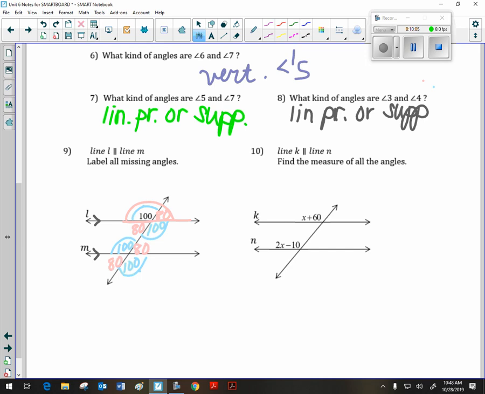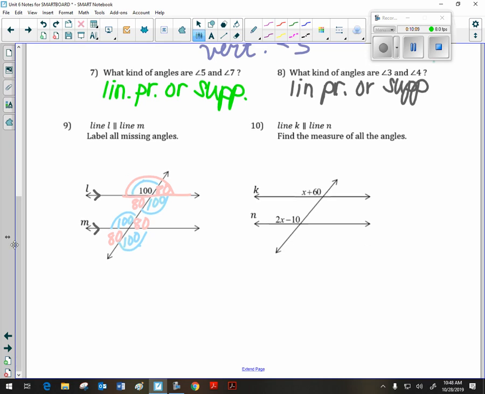So when we have two parallel lines cut by a transversal, the angles are either equal to each other or they're supplements to each other, and that's one of the things you want to keep in mind.